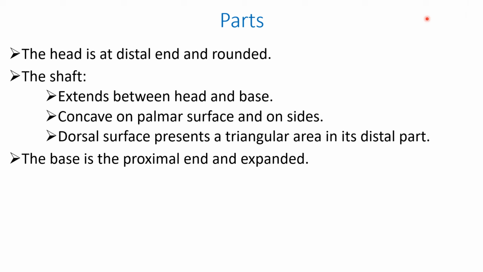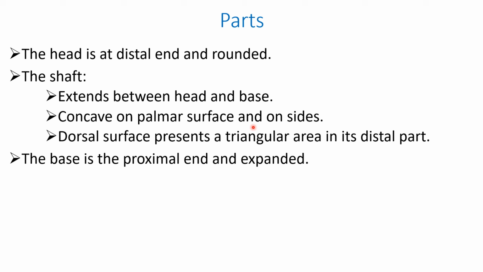Let's look at the parts of the metacarpal bones. It has a head, shaft, and a base. The head is the distal part and it is rounded. The base is the proximal end and it is expanded, while the shaft extends between the head and the base. It has a concave surface on the palmar surface and on the sides.